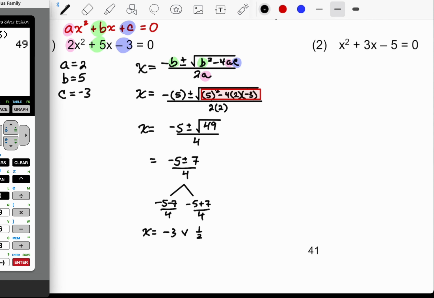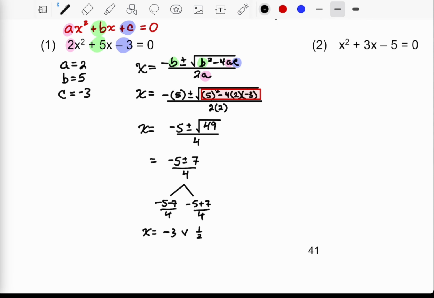So if you get rational answers, and you don't always get rational, we've seen plenty of instances where the answer involves a radical, if you get rational answers, it means that the original quadratic was factorable. Doesn't mean that it's easy to factor. It just means that you could have factored it. It's kind of a little late in the party to recognize that.